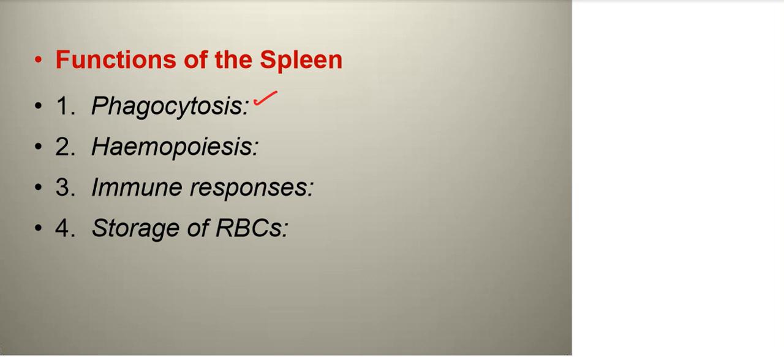Next function is hematopoiesis, meaning formation of blood. So spleen is responsible for formation of blood. Next is immune response and storage of RBCs. Spleen is a storage of RBCs.